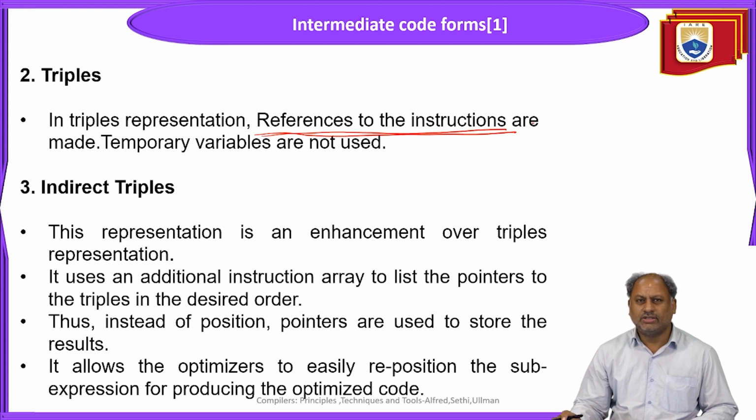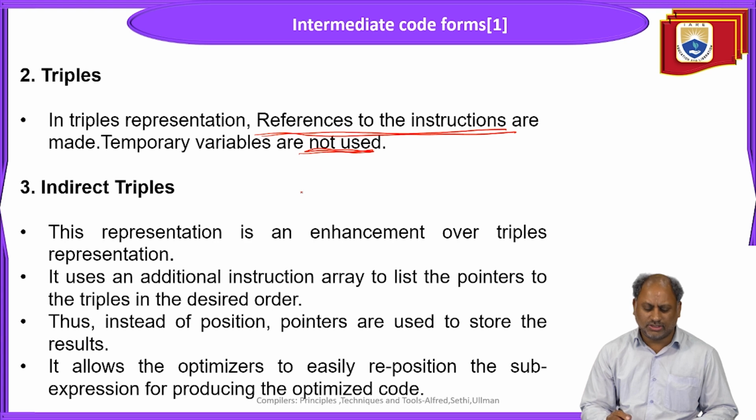Previously we wrote the argument list, but here the reference to the instruction is to be written instead of temporaries. Previously we used T2, T1, T3. So instead of T1, T2, instead of the temporaries, a reference is to be given. How that works, you will see through the example.